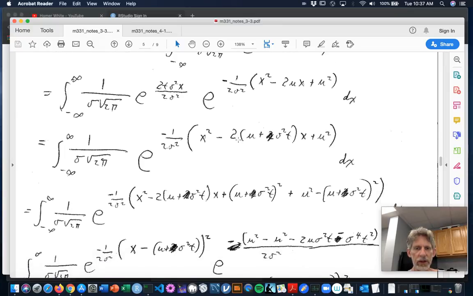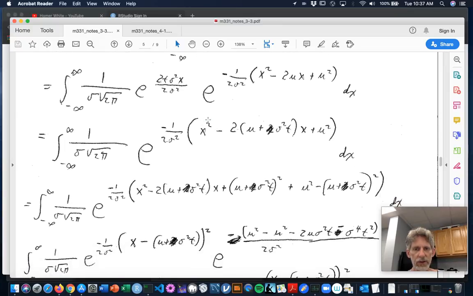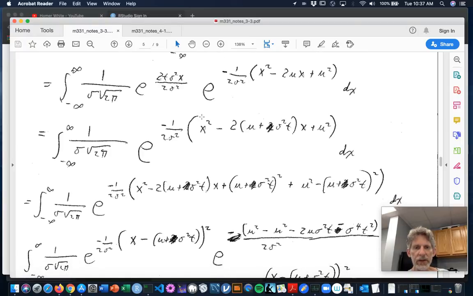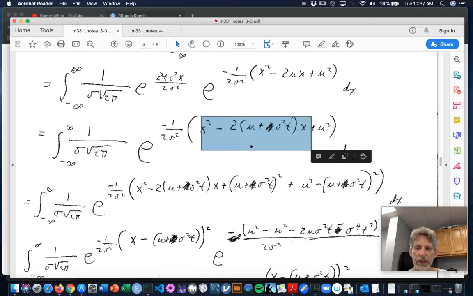Staring at this, it's not a perfect square anymore because I've thrown some things into the middle term, but I could complete the square on this part. When you complete the square in an x squared plus kx type of thing, you just add on (k over 2) squared.